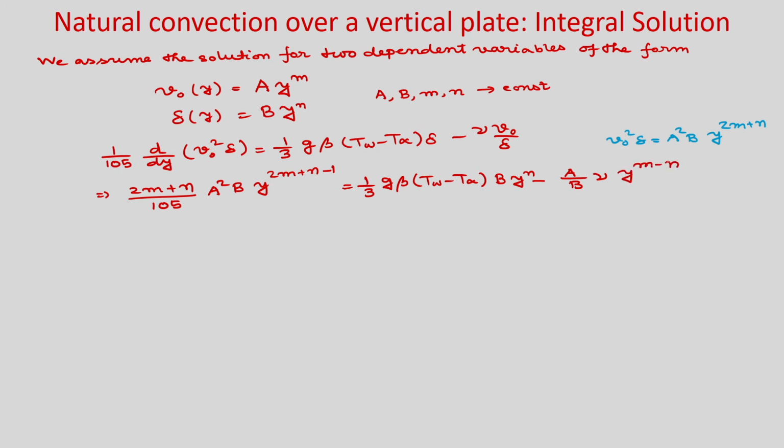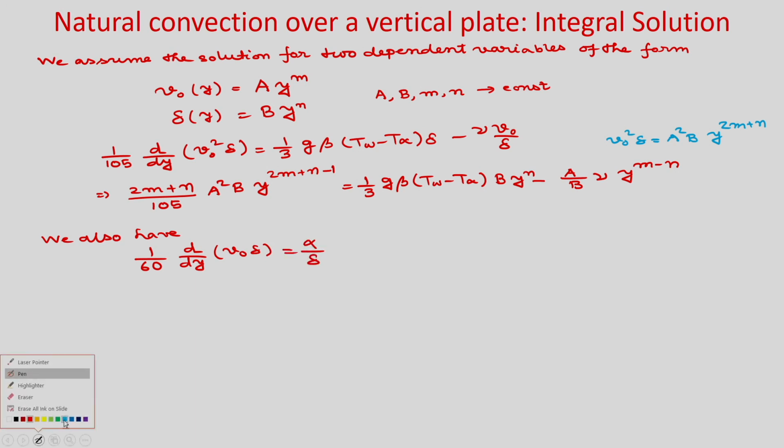Okay. And another ordinary differential equation we have. So, that is your one by 60 d/dy of v naught into delta is equal to alpha by delta.